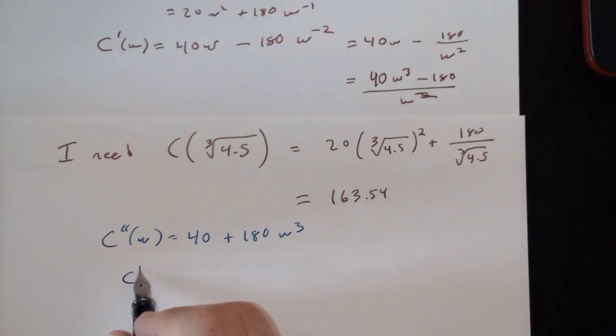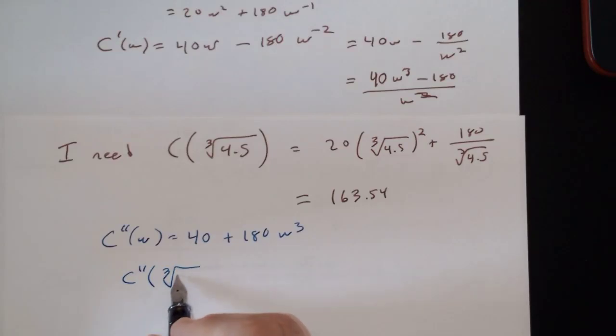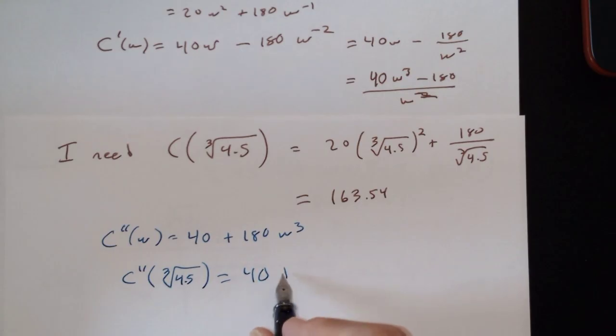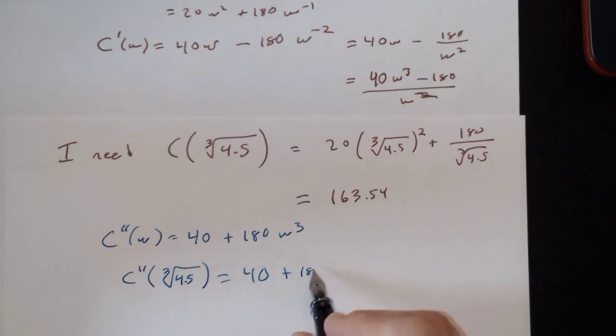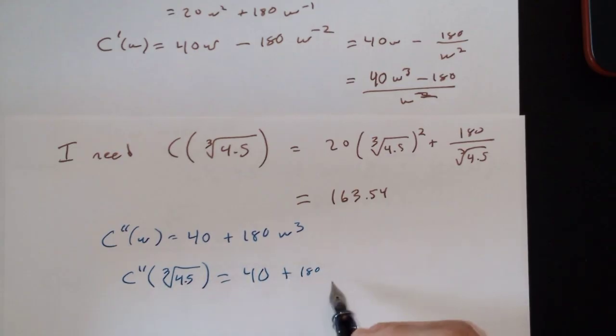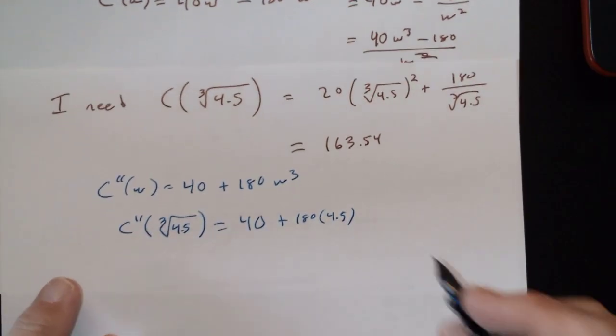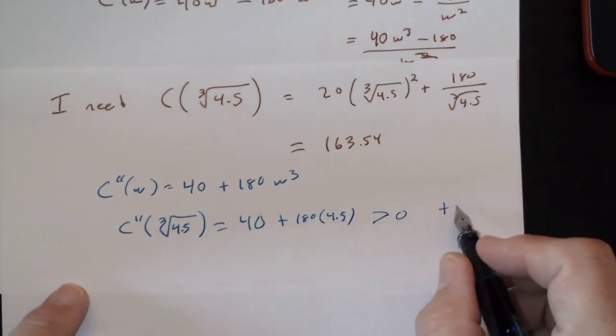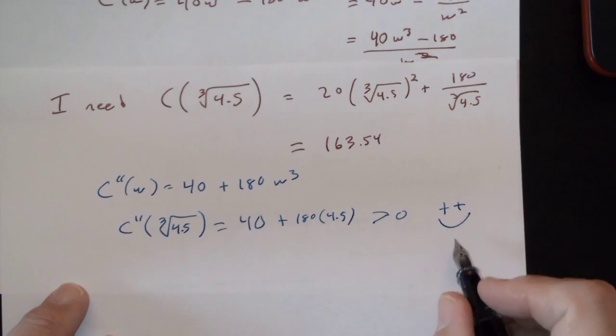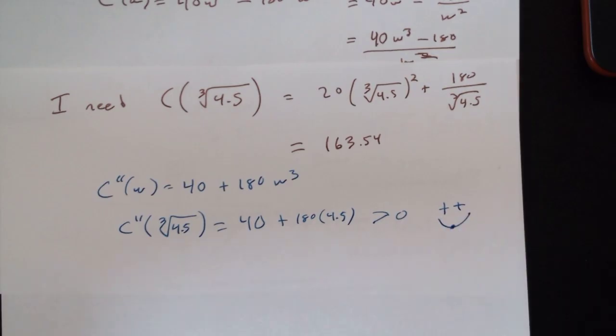And if I do C double prime of this number, that's 40 plus, wait a minute, 180 times I'm going to cube a cube root, 4.5. I don't care what this number is. Is it positive or negative? And if it's positive, I'm concave up, so I must have a minimum.